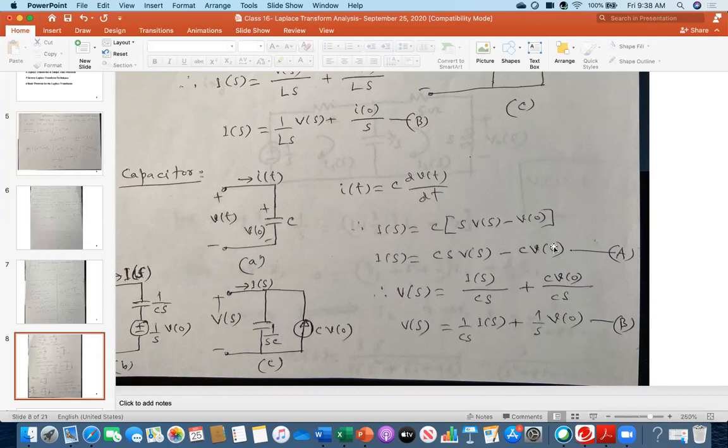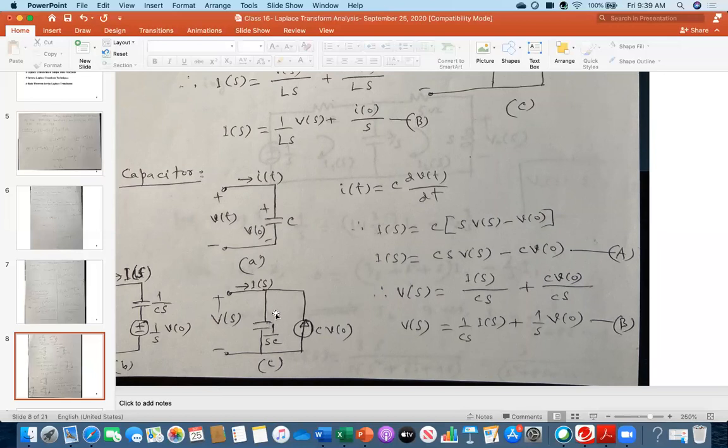Then there was another component of current, minus CV naught. I am assuming this is the current direction, but there is a minus sign, so it is upward with value CV naught. So when you have a capacitor, its Laplace equivalent will be of this form.